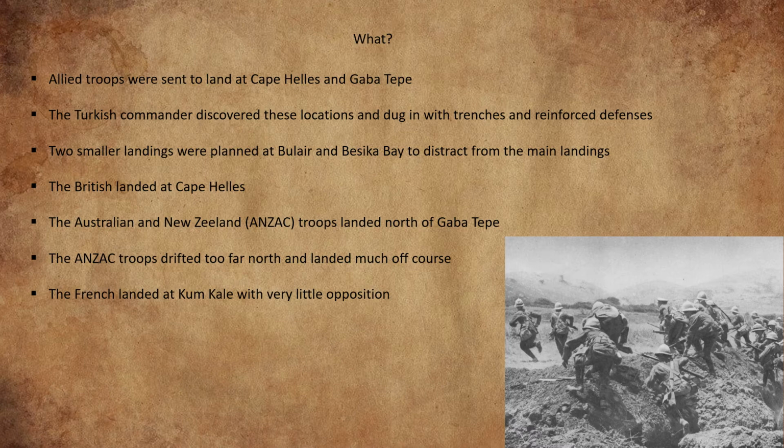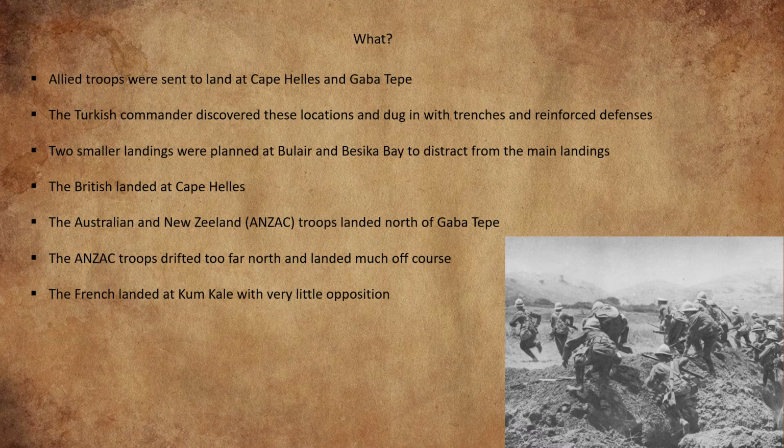They drifted very far north, landed much off course, which ended up landing them in a cove, which was later named the Anzac Cove because of how many troops ended up dying there.